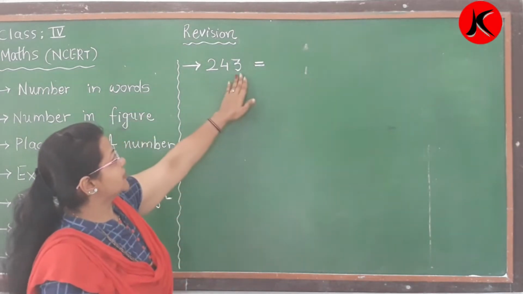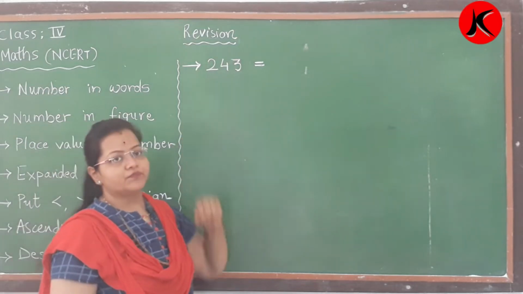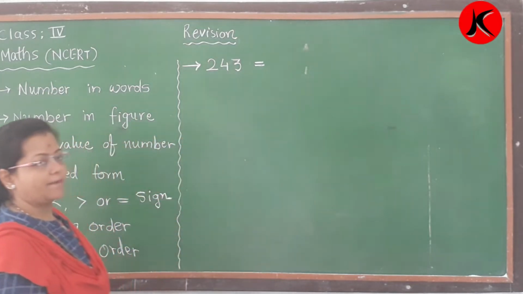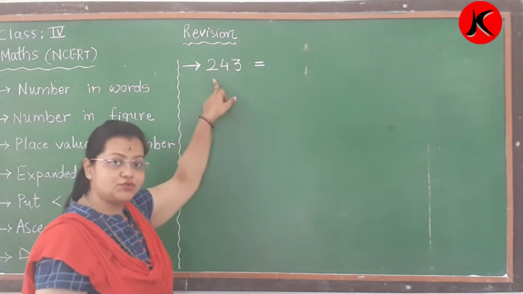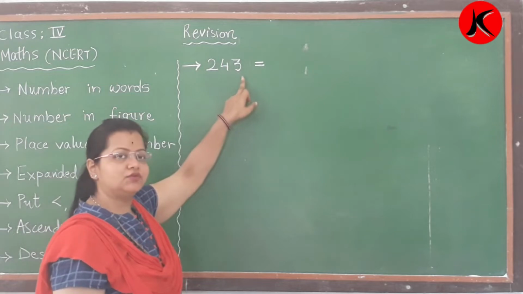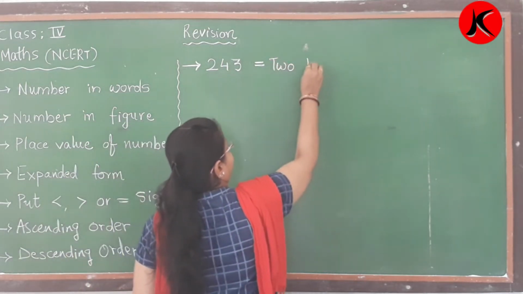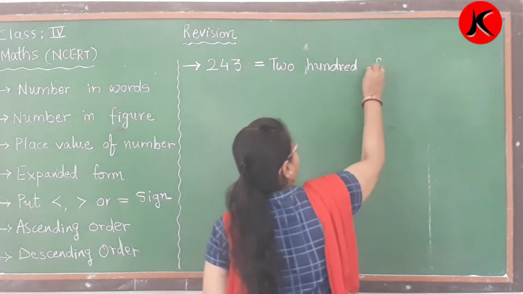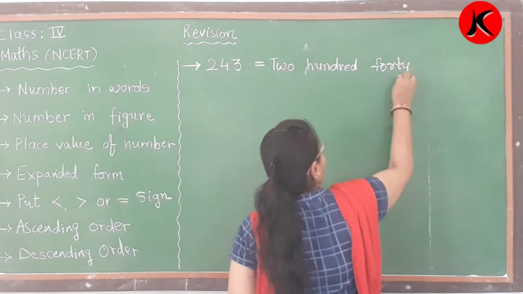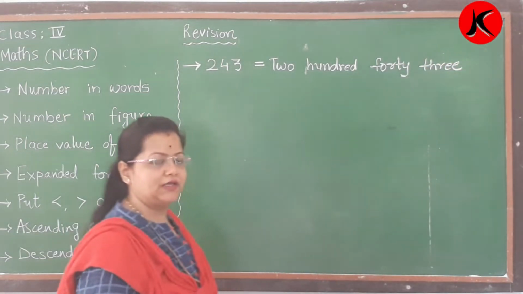Here is the ones place, tens place and hundreds place. Right? This is a 3-digit number. So 243, that means... how to write it now? 243. Clear?